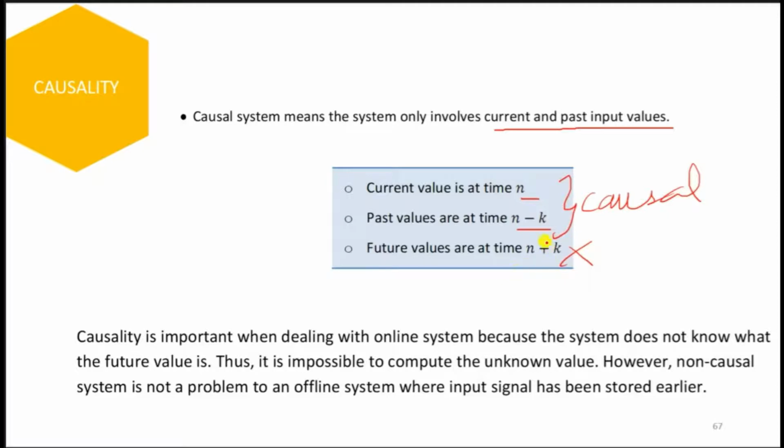Future values, if a system has future values, then it is not causal. Causality is important when dealing with an online system, because the system does not know what the future value is. Thus, it is impossible to compute the unknown value. However, a non-causal system is not a problem for an offline system, because the input values have been stored earlier.